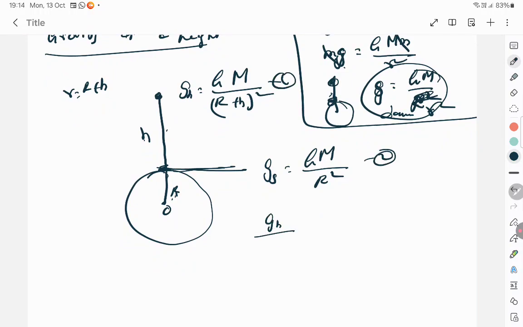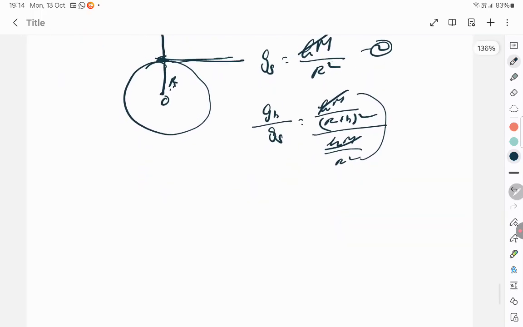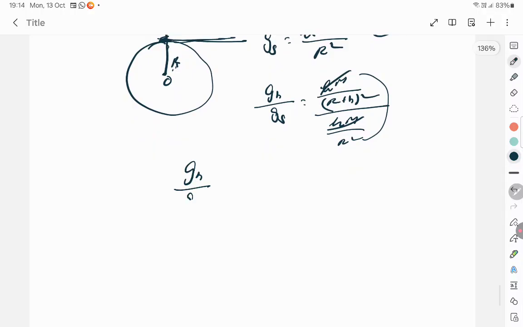Gravity at a particular height by gravity on the surface is GM, and GM will get cancelled. This r square will go up. No minus. GM by R plus h the whole square by GM by R square. But GM gets cancelled. This goes up. So thus you get gravity at a height by gravity on the surface is R square by R plus h the whole square. Very, very important formula.